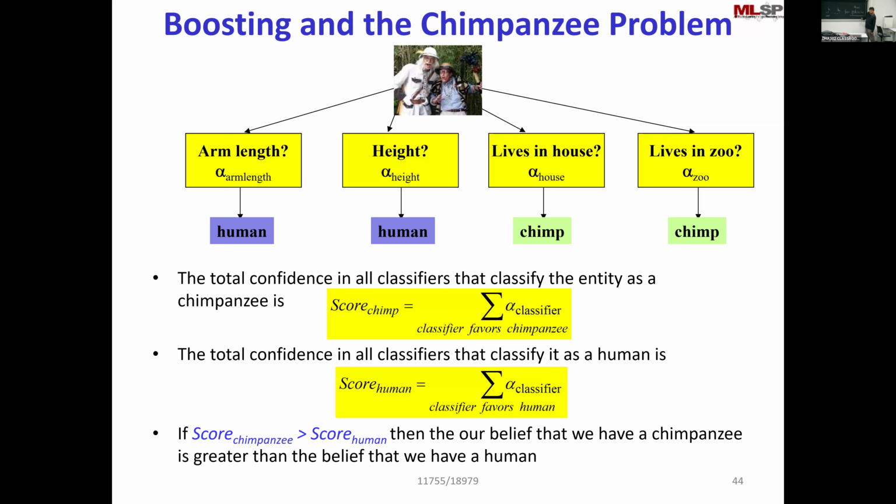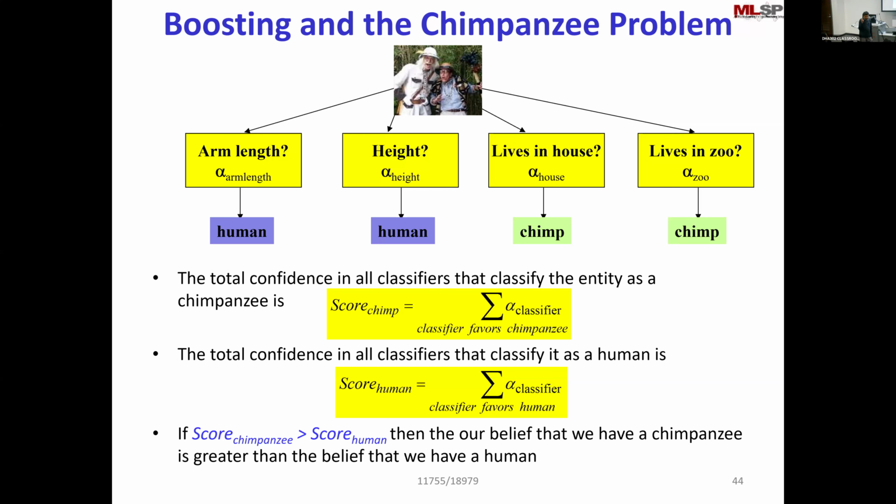So I'm summing the alphas for all the classifiers whose output is +1, and this is my score for the +1 class. I'm summing all the alphas for the classifiers whose output is -1, and this is the total score for the -1 class. I compare these two, whichever is higher, I choose that class. Make sense? Right, very simple.